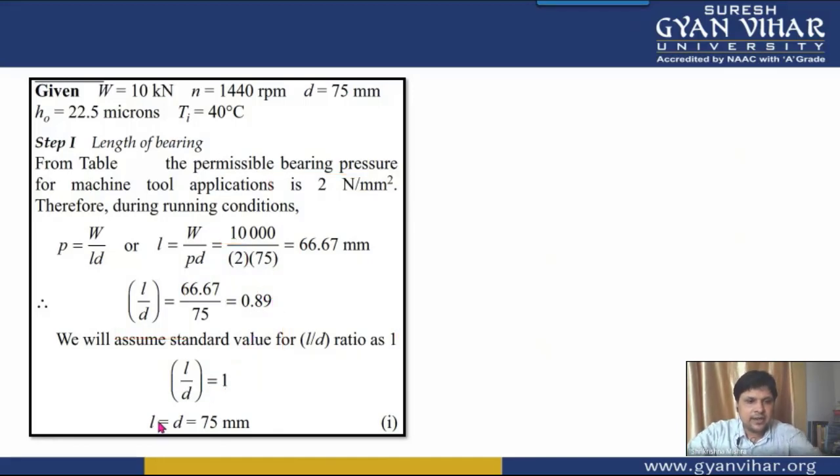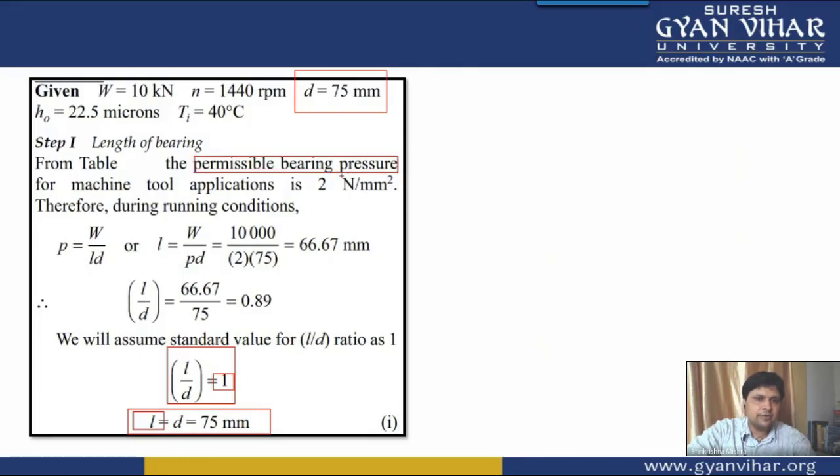This means that L and D based on this value equal to 1 will be 75 mm. D is 75 mm, L by D is equal to 1, so L will also be equal to 75 mm. This value of bearing pressure was not given in the question, so from the table we have taken it equal to 2 Newton per mm square.